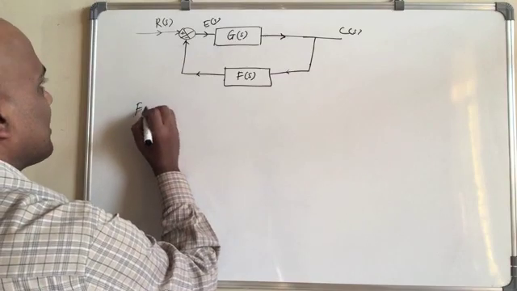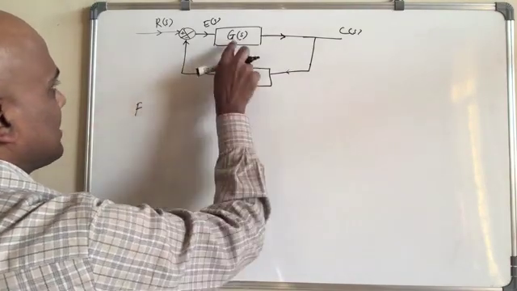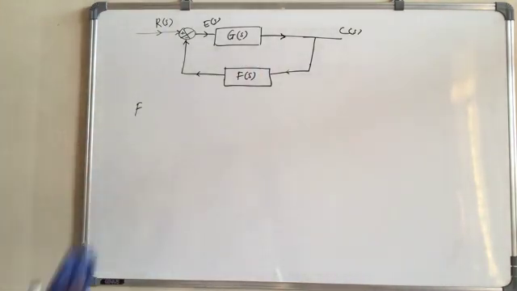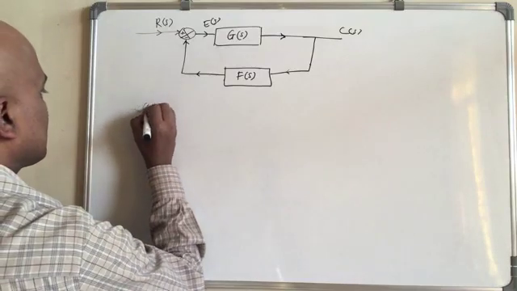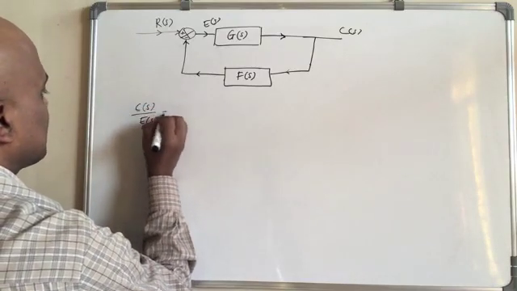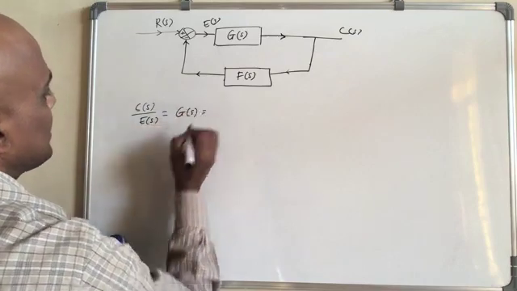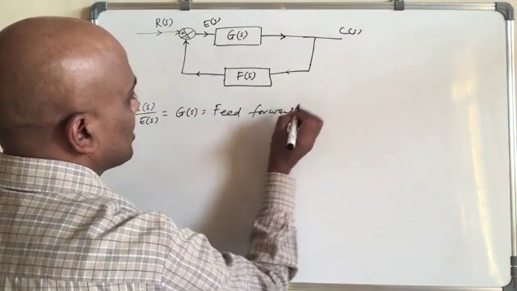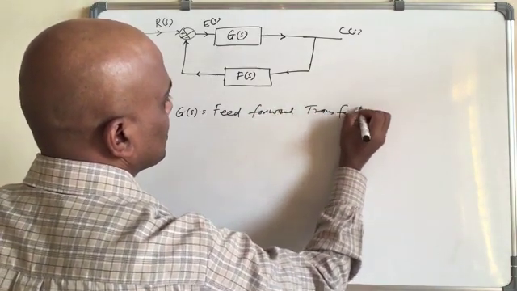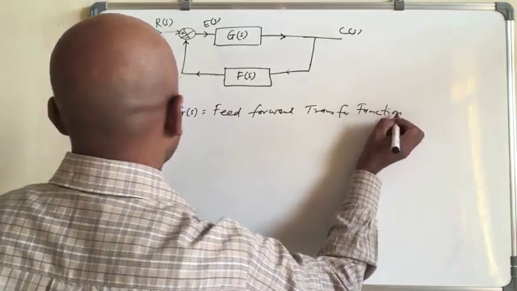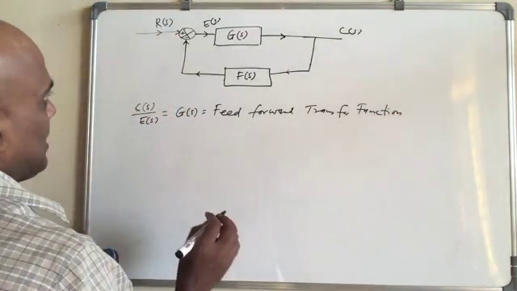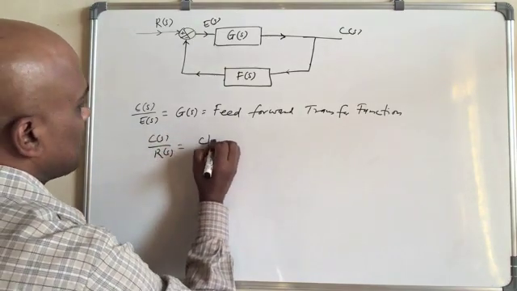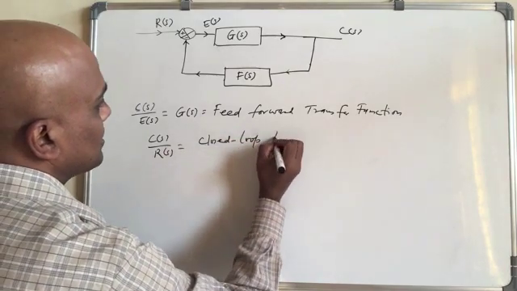So this one, GS, is basically CS over ES, which is equal to GS in this case, and we will refer to it as the feed forward transfer function. This is as per your book standard. Okay. Now CS over RS will be the closed loop transfer function.